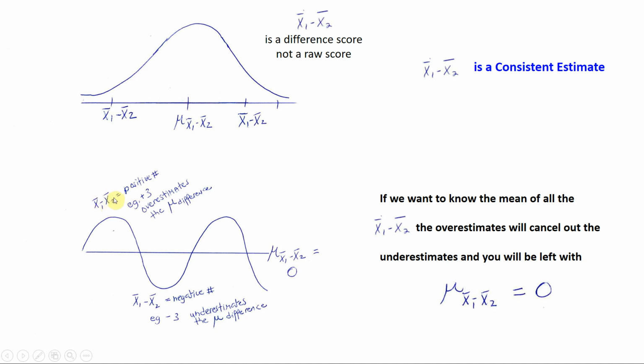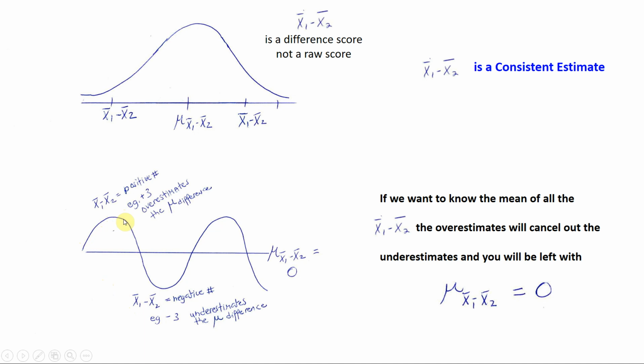You're going to get a positive answer, like +3, for example. But the other half are going to be negative differences. That happens when x bar 1 is smaller than x bar 2. So half of the differences are going to be negative, for example, negative 3.